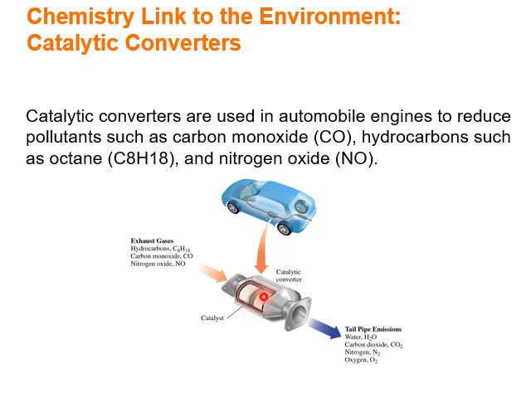And these days, it's interesting that catalytic converters are actually being stolen from cars so that they can be sold for their platinum concentration. But you can see it takes these exhaust gases and processes them.